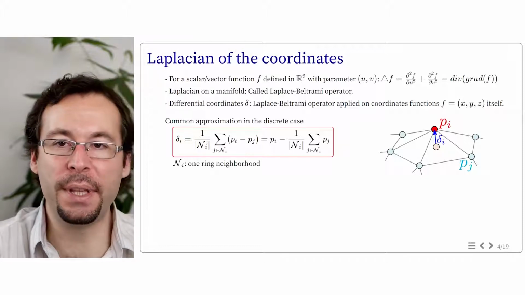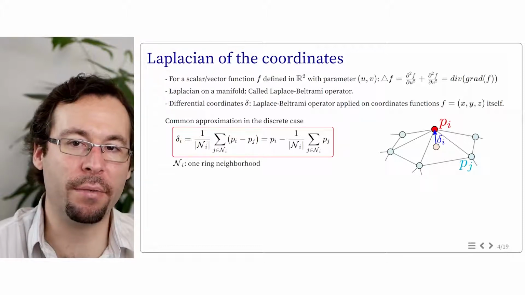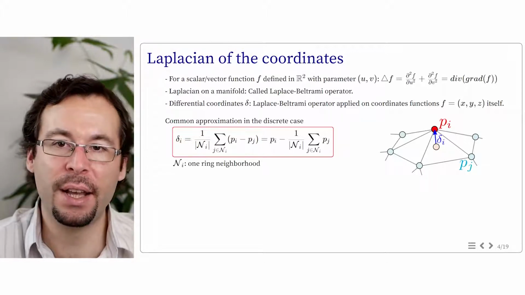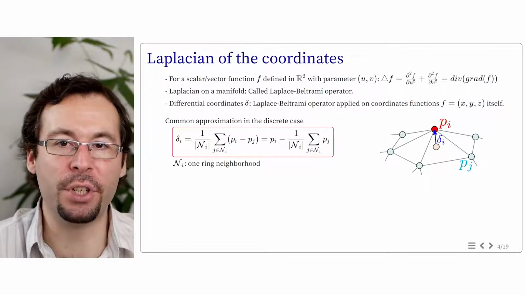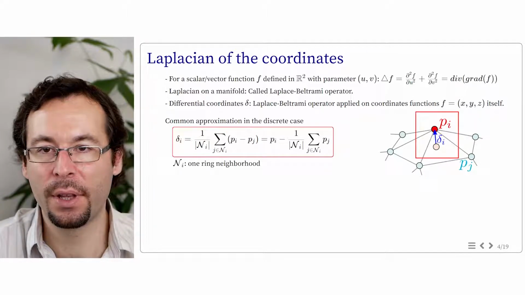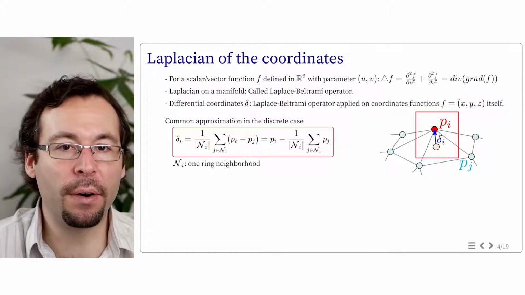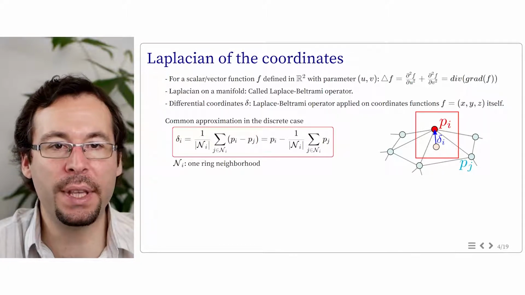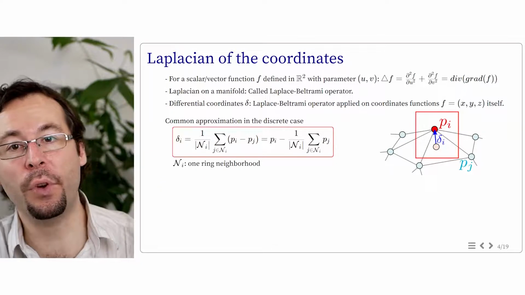Or, in other words, p_i minus 1 over the number of neighbors times the sum over j of p_j. So in other words, it's the vector of difference between the point p_i and the barycenter of the one ring around p_i.